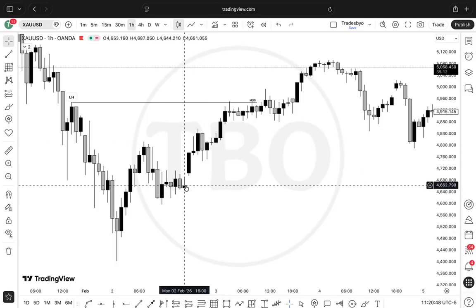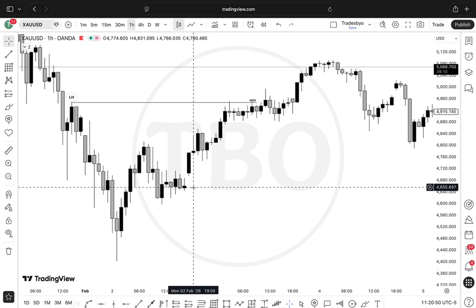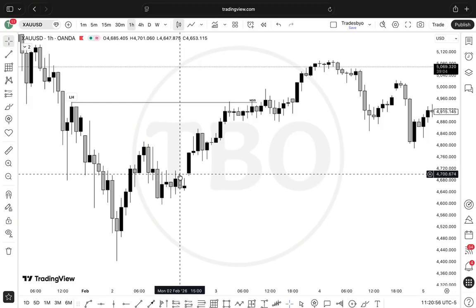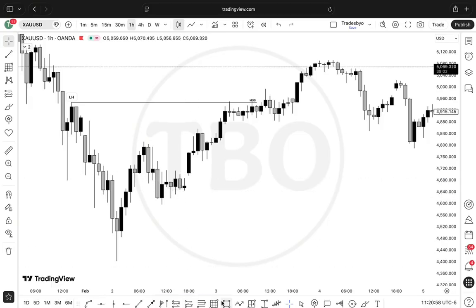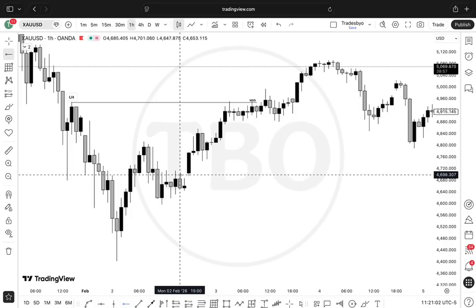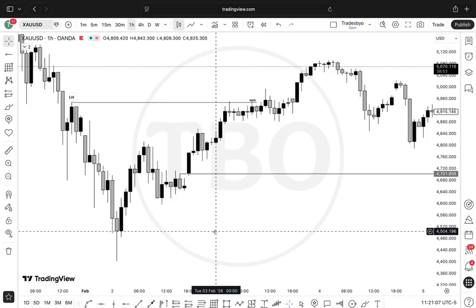Some persons would say the candle you should mark out for demand is the last down candle. But guys, this is not how I mark out my supply and demand candle. The candle some people would mark out is literally that candle right there.